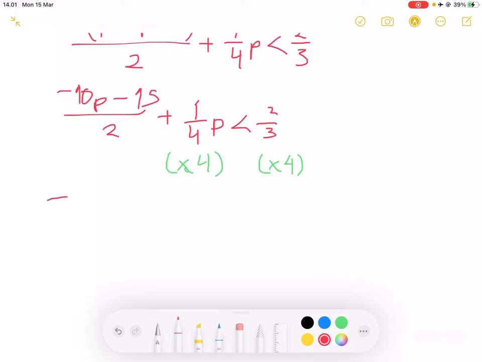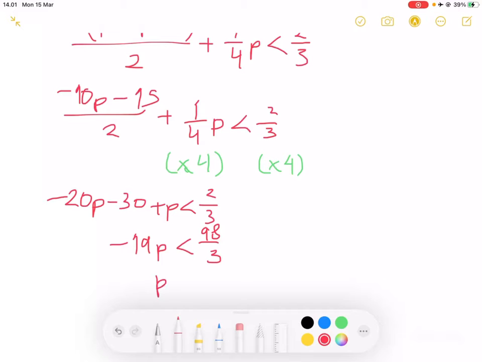So this will be negative 20p minus 30 plus p is less than 2 over 3. And you can just add and subtract to get negative 19p is less than 98 over 3, and you'll get that p is actually greater than negative 98 over 57.